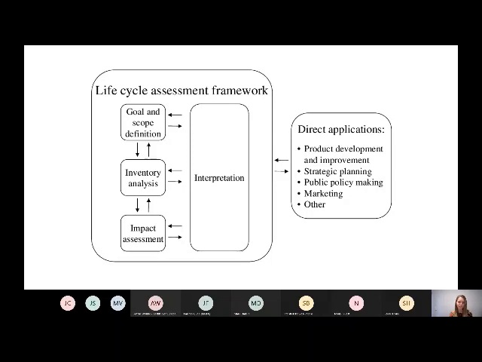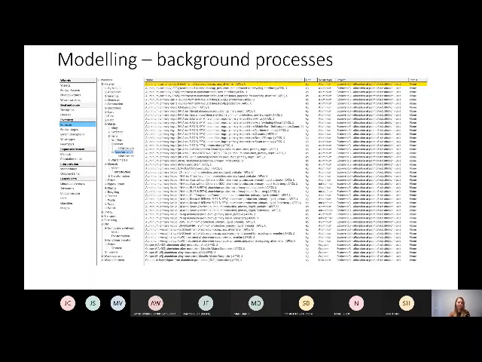This gives us results, which we can then interpret and see what this means for our particular case.